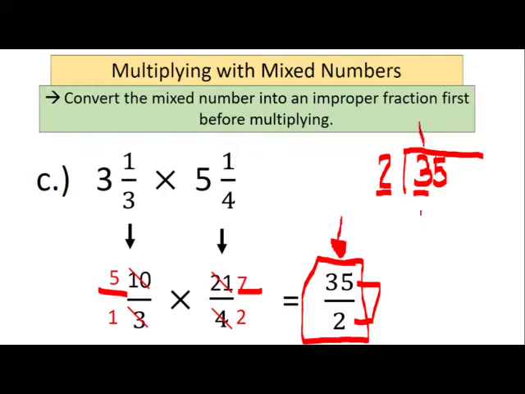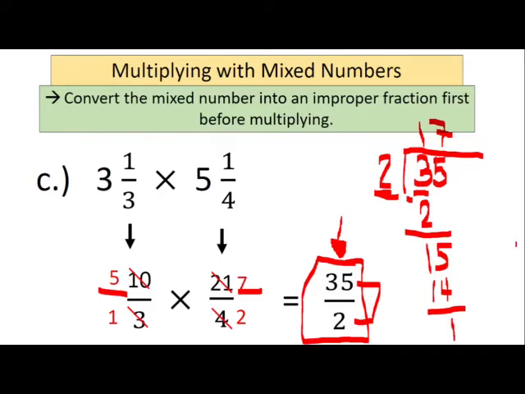Then multiply natin. 1 times 2 is 2. Then we subtract. 3 minus 2 is 1. There's a number that we can bring down here, so we bring it down. Then we go back to dividing again. Ilang 2 ang meron sa 15? 7, di ba? And 7 times 2 is 14. We will have a remainder of 1. There's nothing to bring down here anymore, so we stop there.